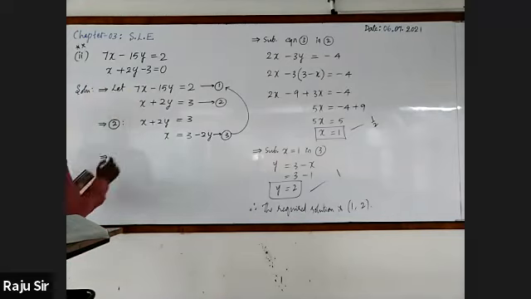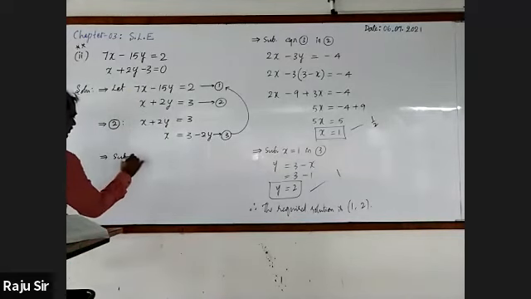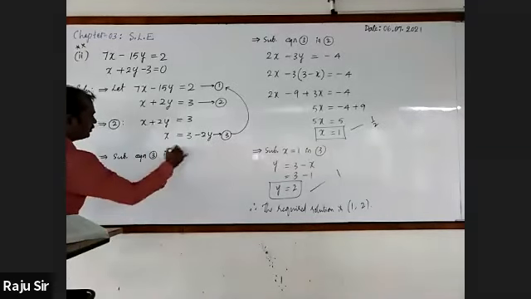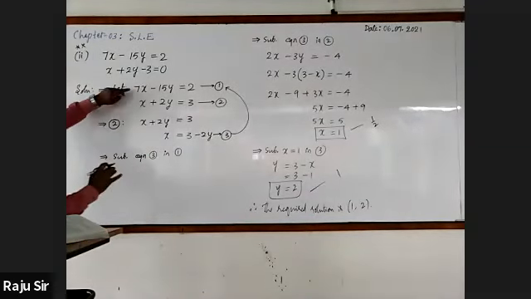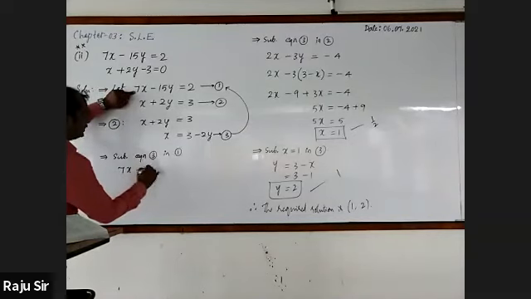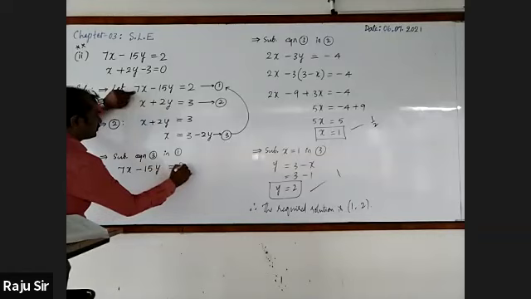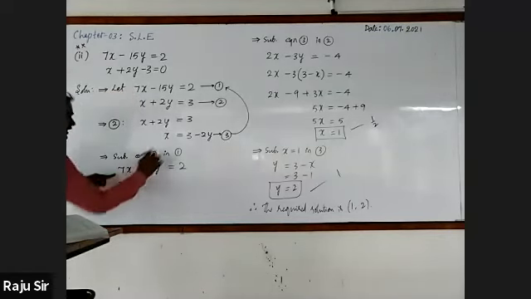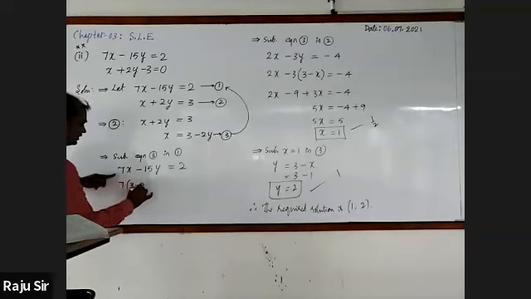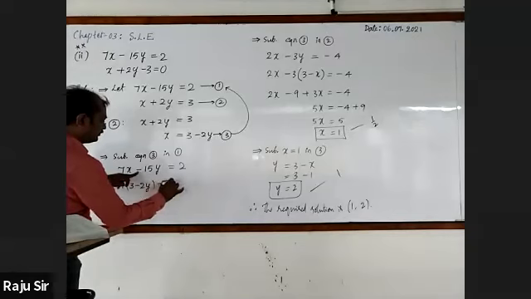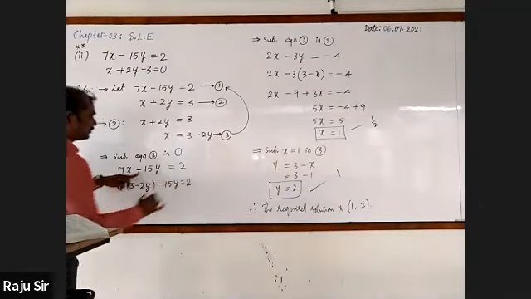Substitute equation 3 in equation 1, where equation 1 is 7x minus 15y equal to 2. 7 into, where x is 3 minus 2y, minus 15y, this is equal to 2.